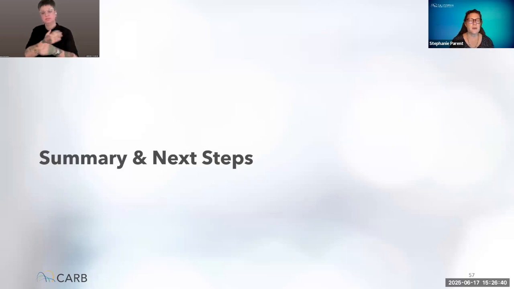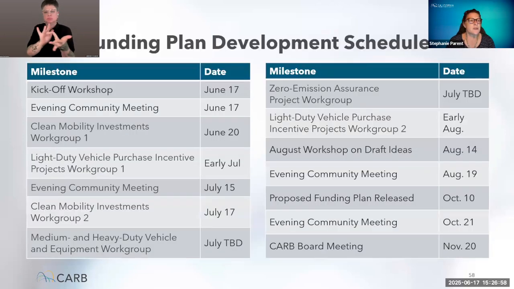I appreciate, and I'm sure all of the staff appreciates, the robust and varied comments and questions that we received today. So next, we'll take a look at the schedule for this year, and I'll end with our contact information. So next slide, thanks. So we'll have a recap of today's meeting at 5 p.m. tonight, and that's our monthly evening community meeting for community members, community-based organizations, and others.